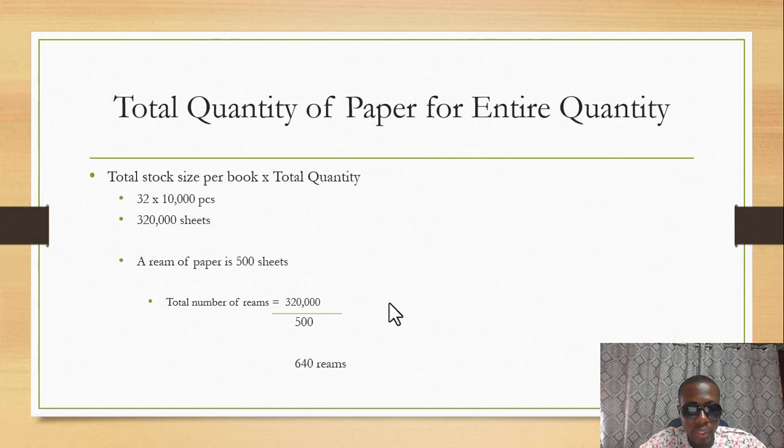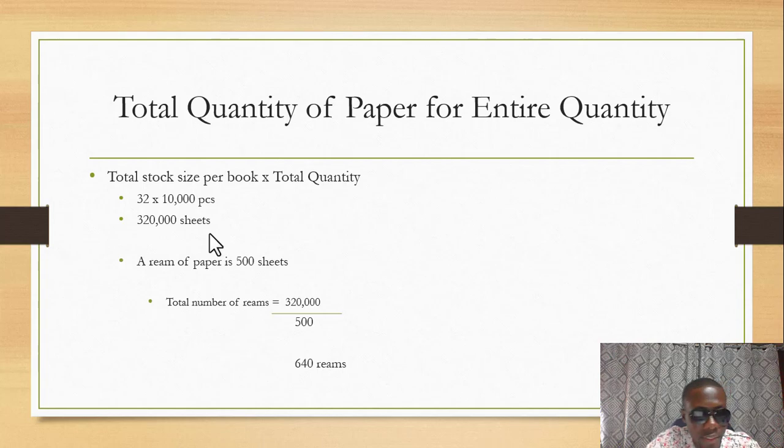So the total quantity of stock size required will be the 32 multiplied by 10,000 to give us 320,000 sheets. This means that we need 320,000 sheets of a stock size of 914 by 610, which the various paper suppliers, the various vendors sell.